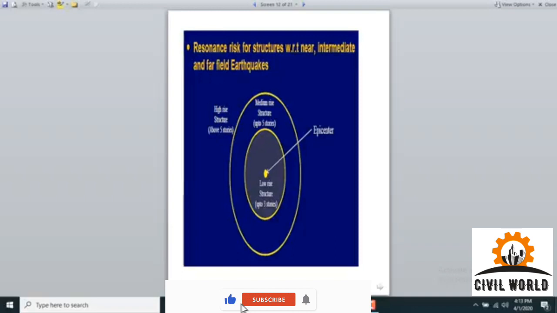It can be 10, 15, or 20. So it is recommendable to construct low-rise structures in the near field, medium height structures in the moderate field, and high-rise structures in the far field. The same will be presented in terms of seismic zones in the coming slides.